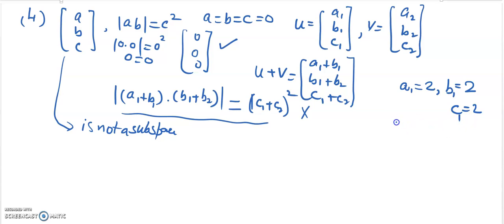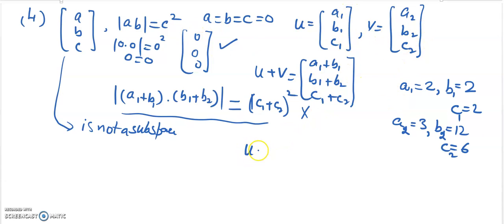If I take a2 equal to 3, b2 equal to 12, and c2 equal to 6, then these individual conditions are satisfied: 2 times 2 is 4, which is 2 squared, and 3 times 12 is 36, which is 6 squared.